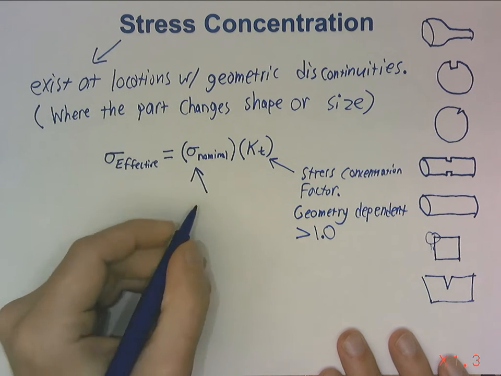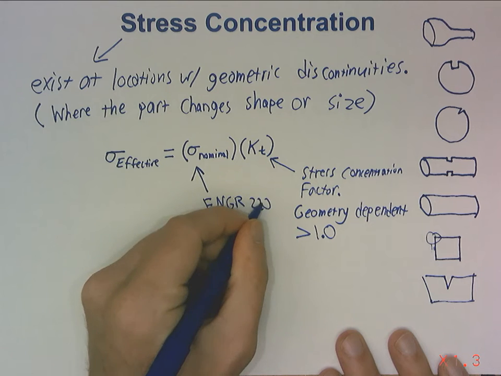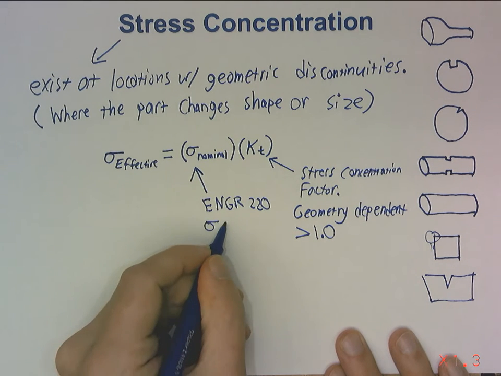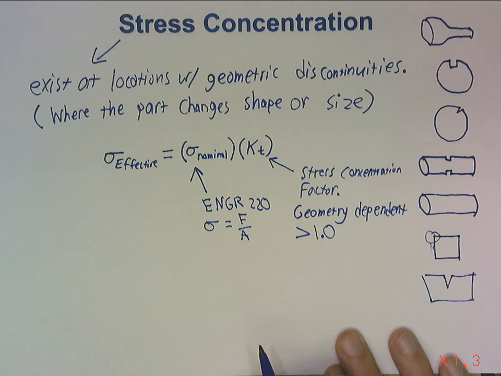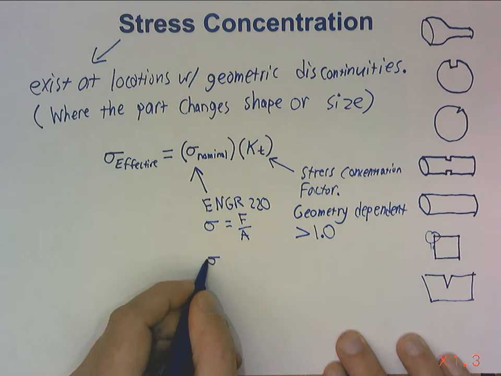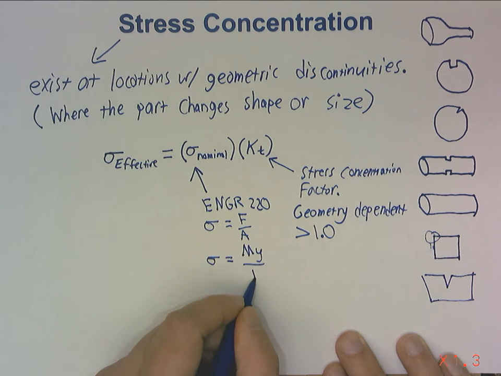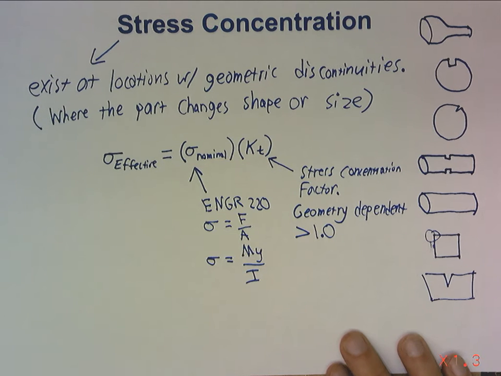Nominal stress, this is your Engineering 220, your strength of materials. It's your stress equals F over A type of calculation, or it's your stress equals My over I for a bending stress type of calculation.